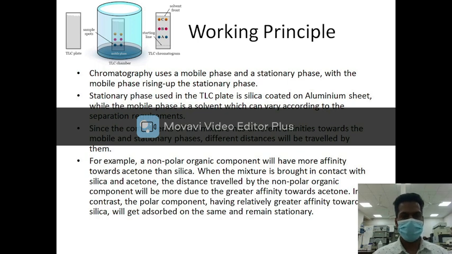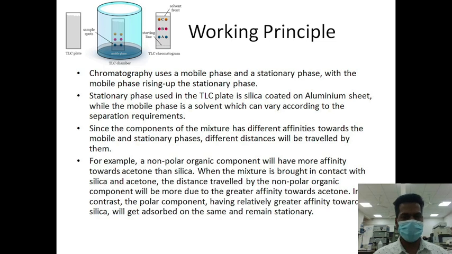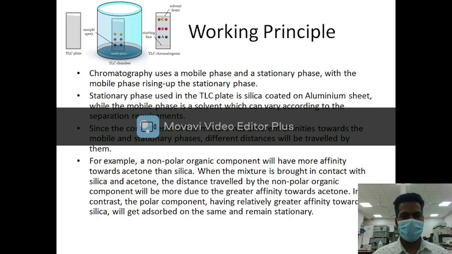Since the components of a mixture have different affinities towards the mobile and stationary phases, they will travel different distances over a plate. For example, a non-polar organic compound will have more affinity towards acetone than silica.